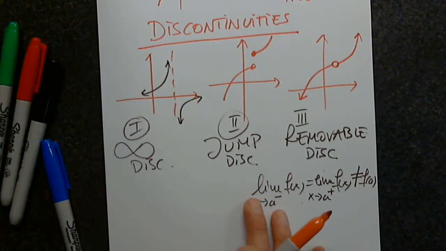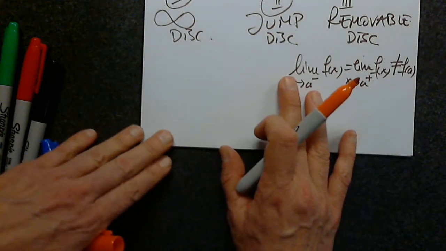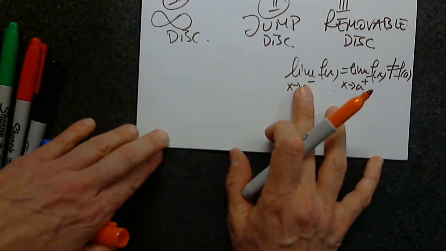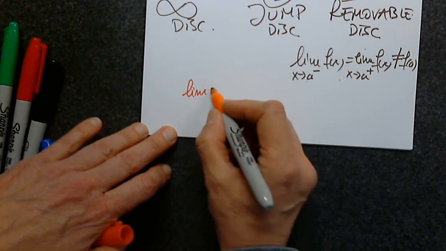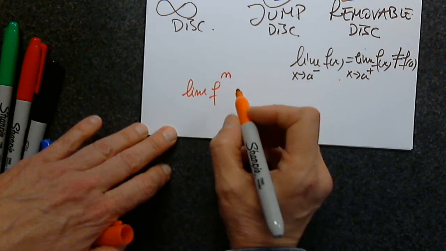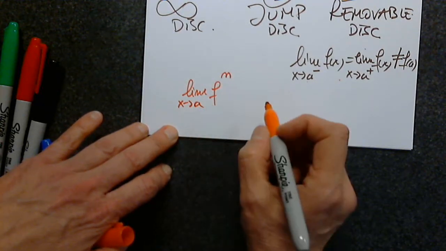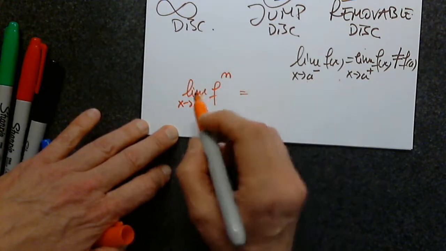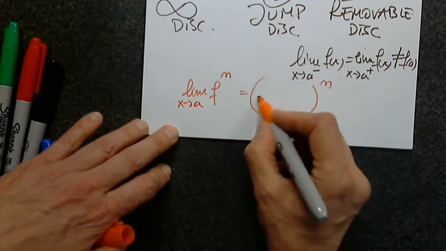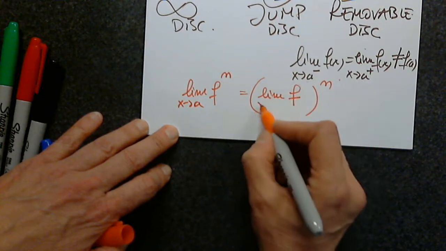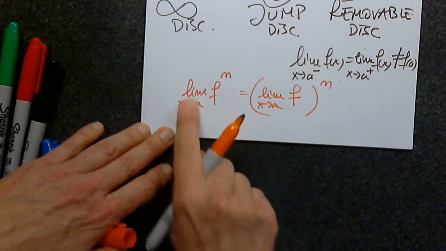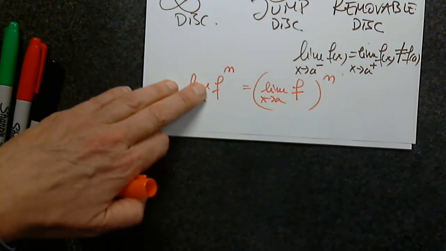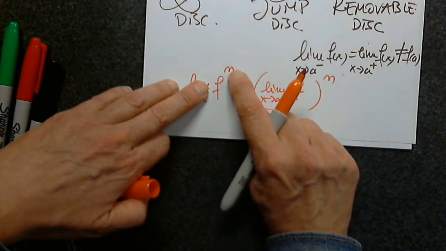So here was when we used the swapping. Some time ago, last week, we talked about the swapping of the operators. So we looked at the limit of f raised to a power n when x approaches a. And we said this is the same as the limit of f as x approaches a, raised to the power n. So what did I do? First, by the order of operations, I have to raise f to the nth power.